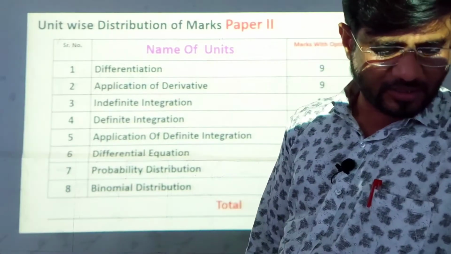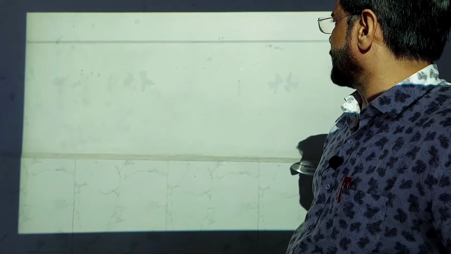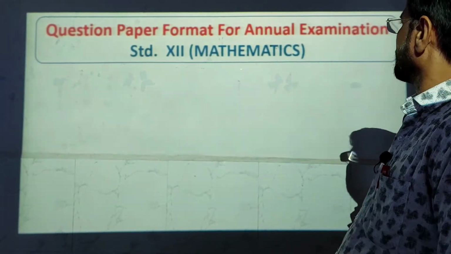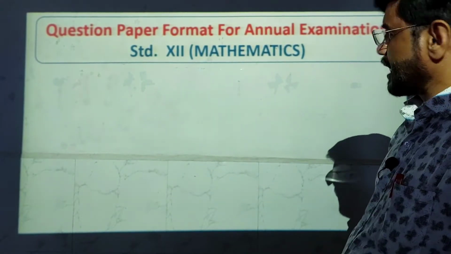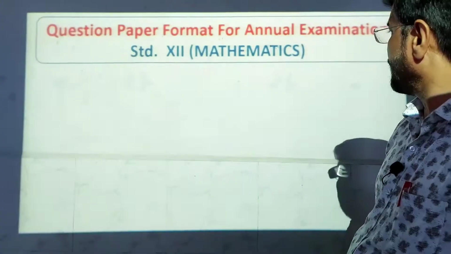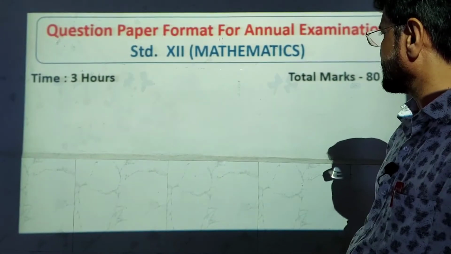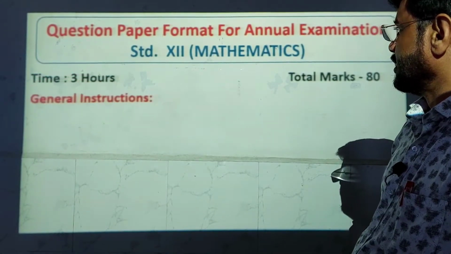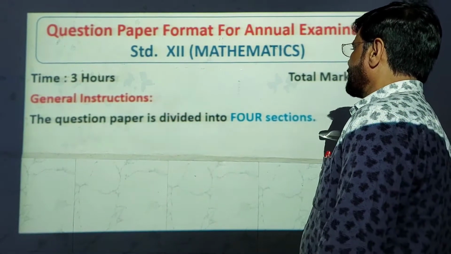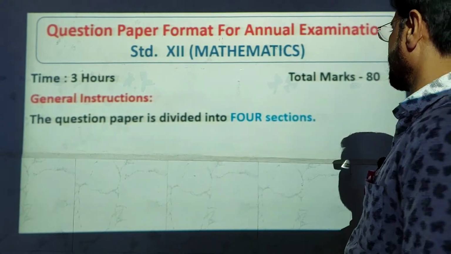Now we will see the format of the question paper. See here, the question paper format for the annual exam. The annual exam has 80 marks. Total marks are 80. Now the general instructions are: the question paper is divided into 4 sections.